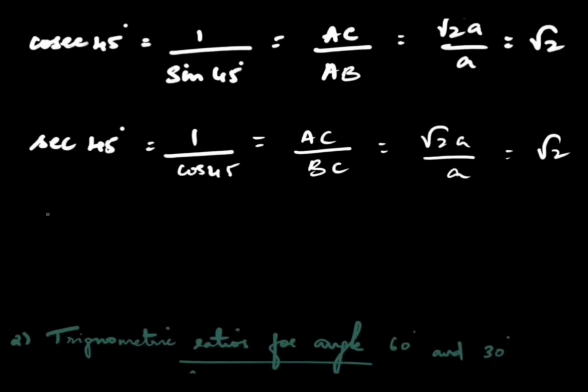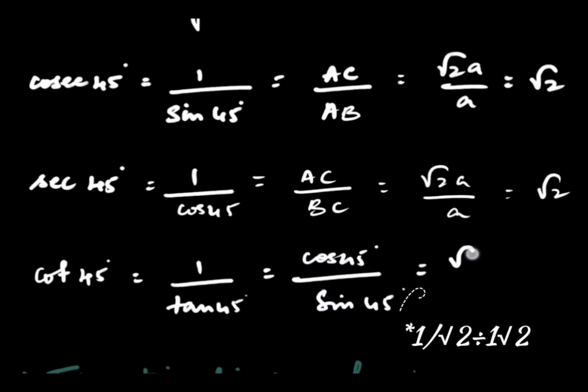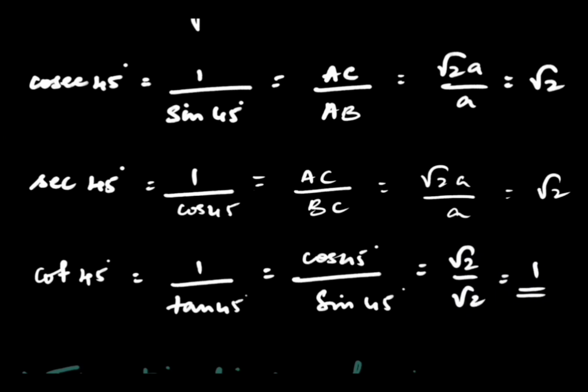And cot 45 is equal to 1 by tan 45, which is equal to cos 45 by sin 45, which is equal to root 2 by root 2 is equal to 1. Let us remember all these in the end of the video.